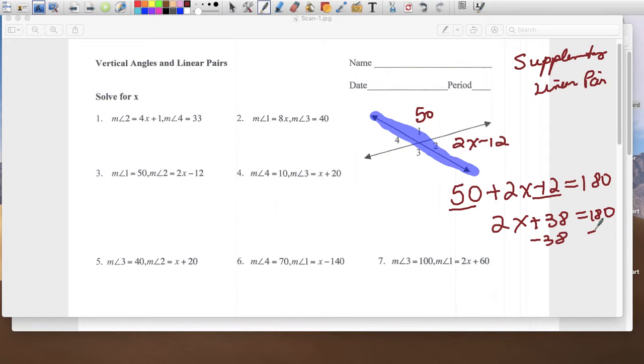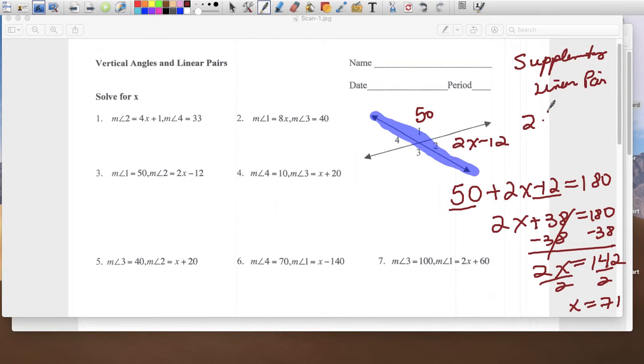Minus 38, and that equals 2x over here because this goes bye, and I'm left with 142. Divide by 2, x equals 71. So now I'm going to go back here and substitute, right? So if that's 50, let's hopefully just check if we're right.